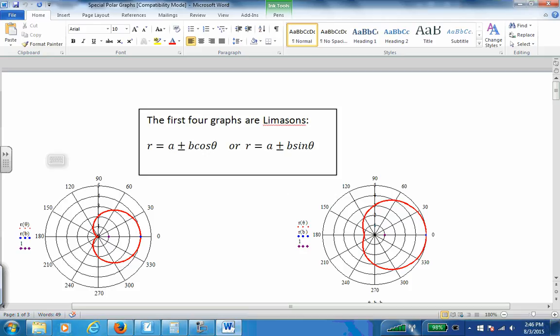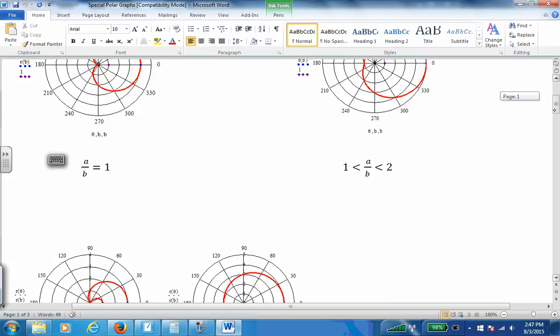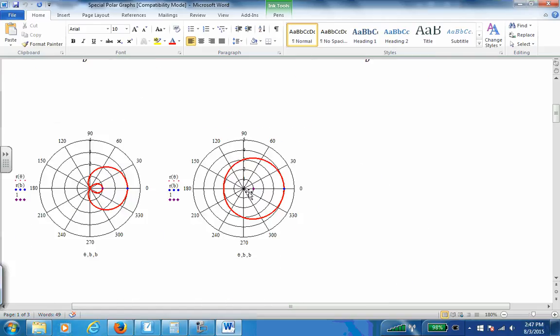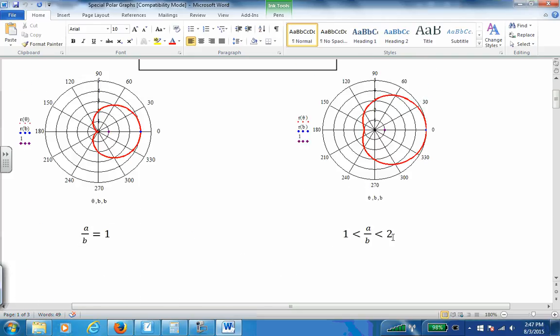A constant plus or minus another constant times cosine or sine, as long as it's 1 theta here, then it's going to be one of these 4 general shapes. It's going to be a cardioid, a limaçon. Cardioids are particular limaçons. It's going to be a cardioid, or it's going to be a limaçon like this, or like this.